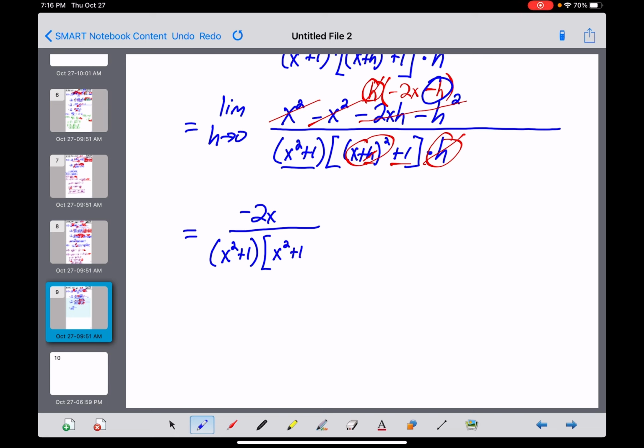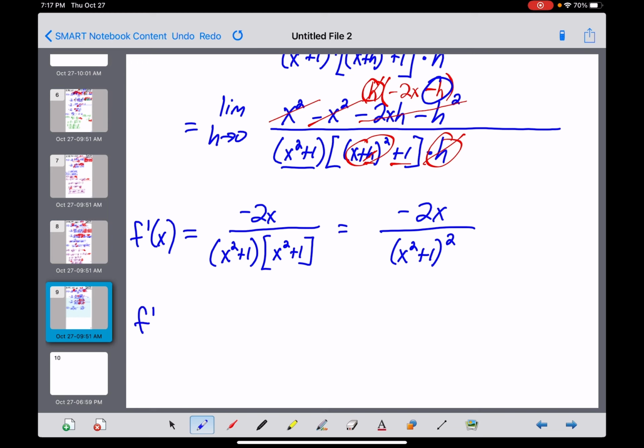So there's x squared plus 1, and the h we had after that was gone. So it looks like we could write this as negative 2x over x squared plus 1 quantity squared. And I don't think that one is going to simplify any further than that. So that, everybody, is our general derivative, f prime of x.